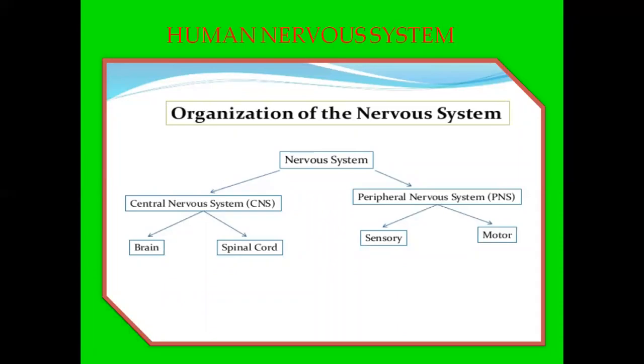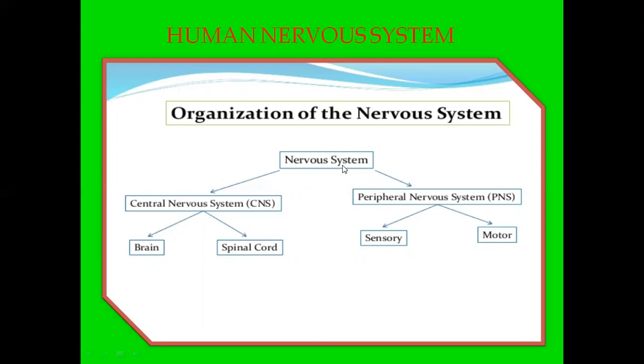So what is the nervous system? The nervous system is an organ system containing a network of specialized cells called neurons.